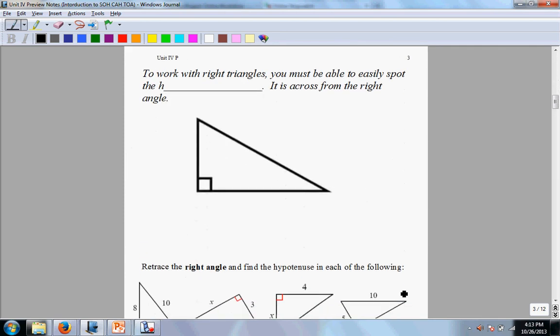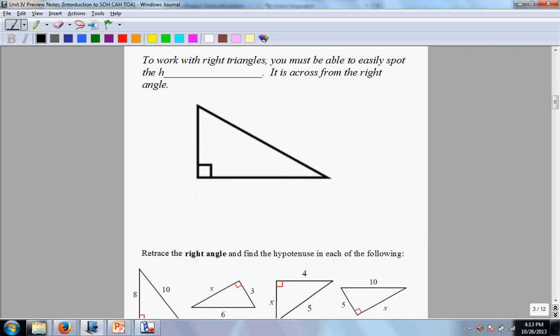So let's start with the most basic concept. To work with right triangles, you must be able to easily spot the hypotenuse. The hypotenuse is the longest side in a right triangle, and it's across from the right angle.